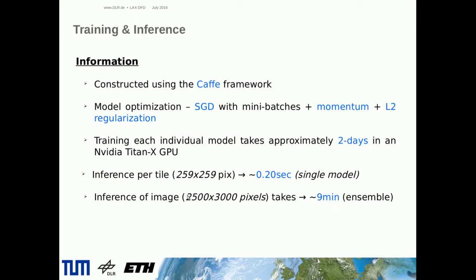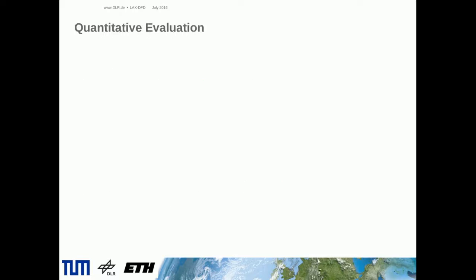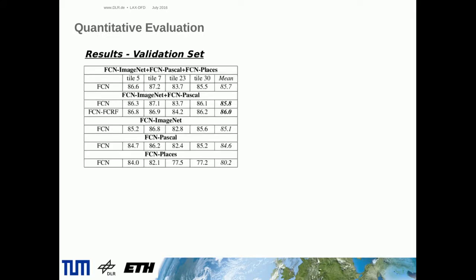For better results, we overlap the predictions as we move along the image, so that's why it takes 9 minutes. If you want smaller overlaps, I'm sure you can decrease this to a few seconds if you don't even want to do overlaps.